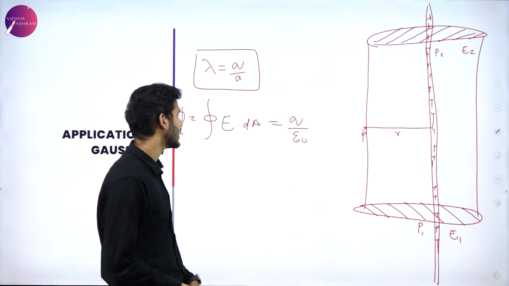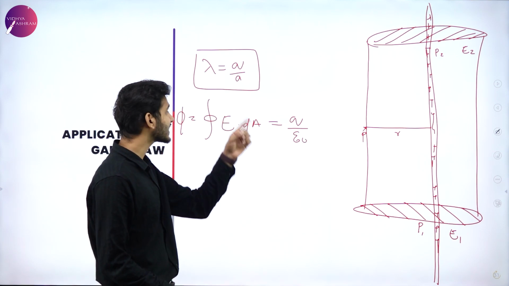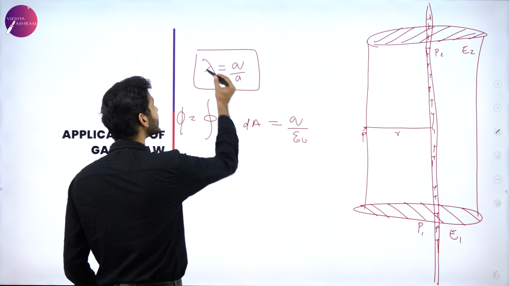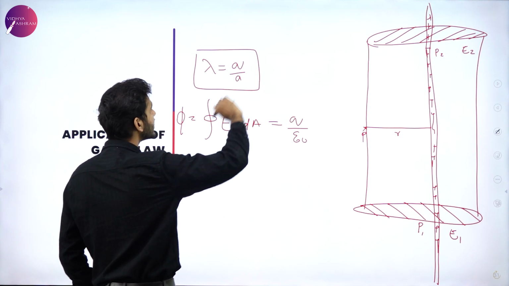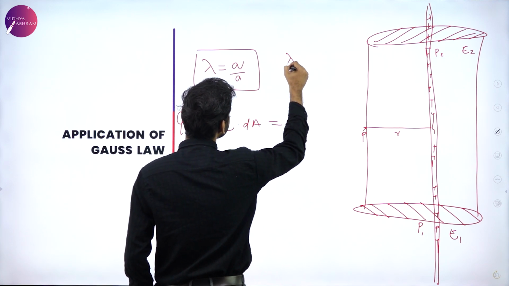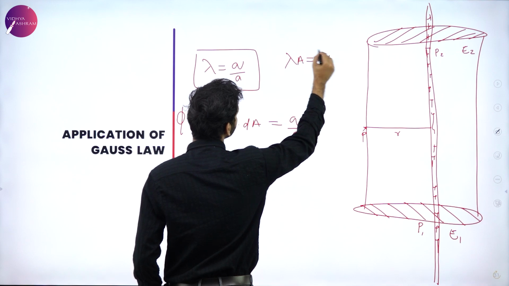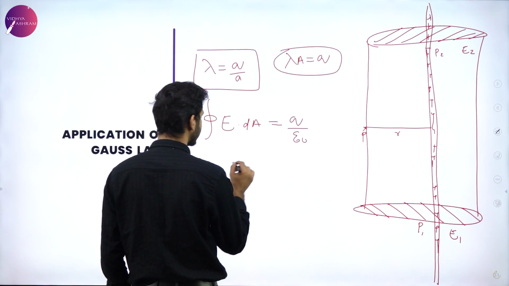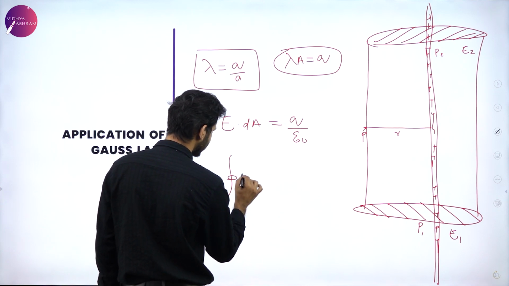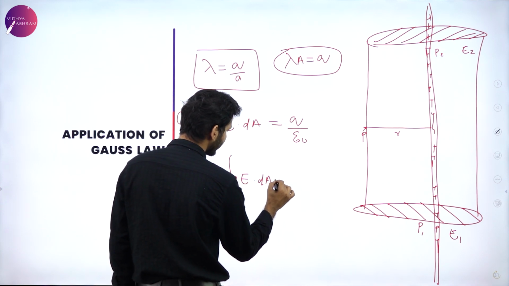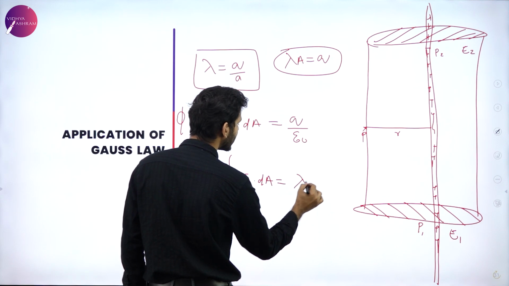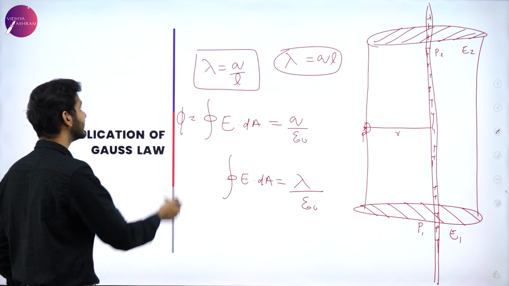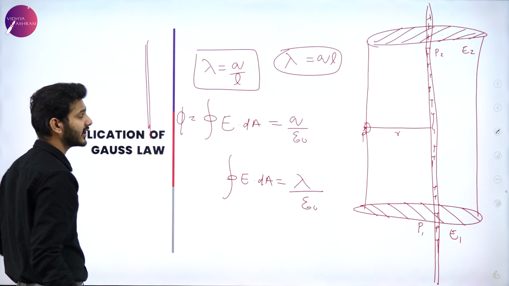You might think that you don't know anything in this equation, but you actually know what Q is, because linear charge density lambda is equal to Q by A. We can write that as lambda times A equals Q. So we have an equation for Q, and the closed surface integral of E dot dA will be equal to lambda A divided by epsilon naught. For a linear charge density, it is not actually represented by area.